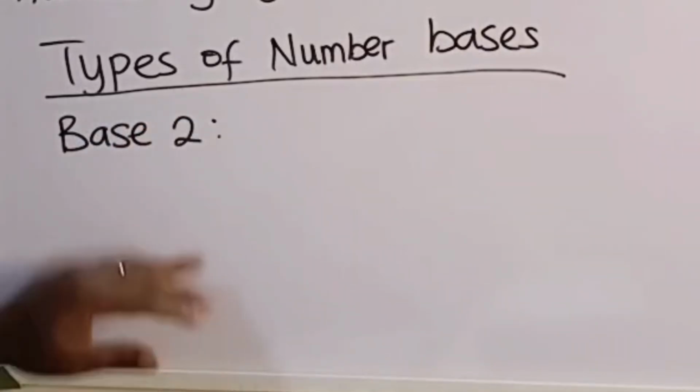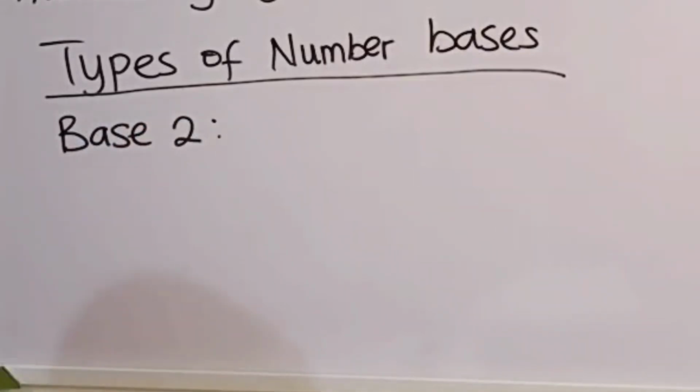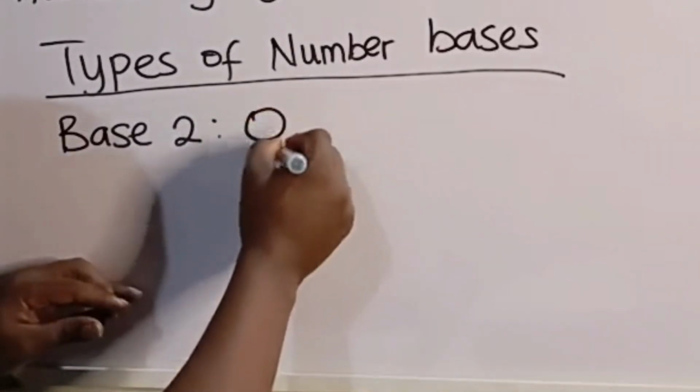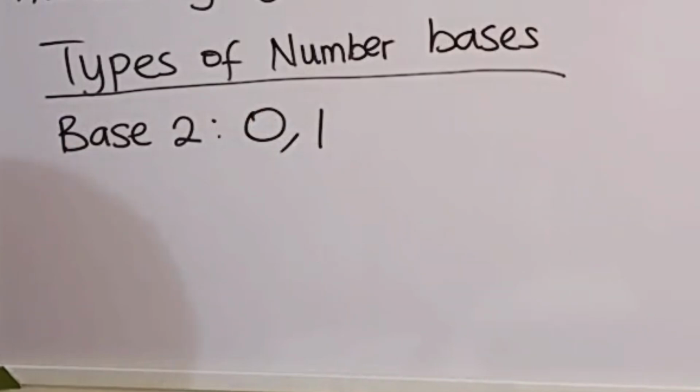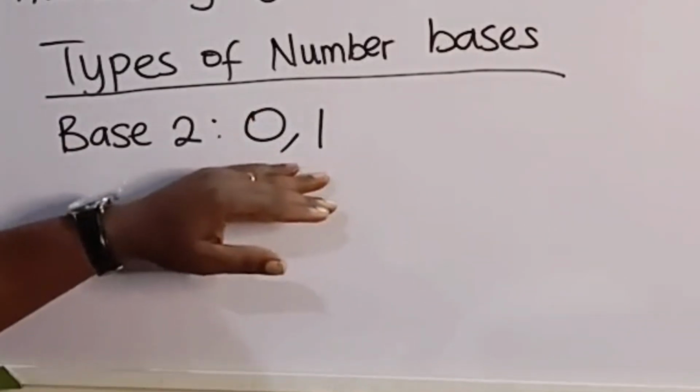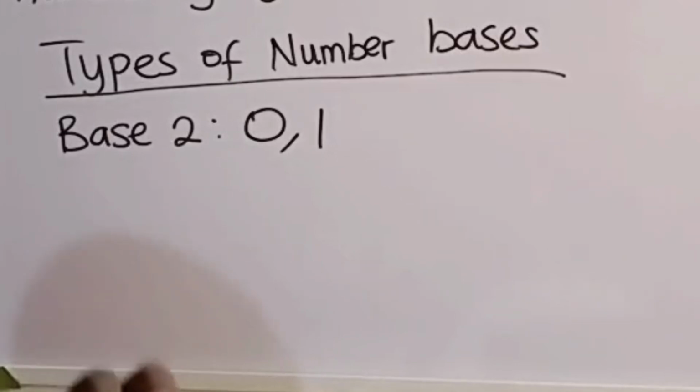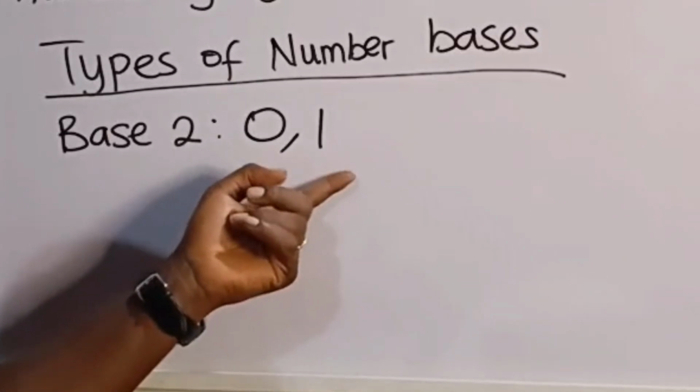When you have base 2, it means that there are only 2 numbers in this numbering system. What are the 2 numbers? 0 and 1. So this numbering system has only 2 numbers. The 2 numbers are 0 and 1.